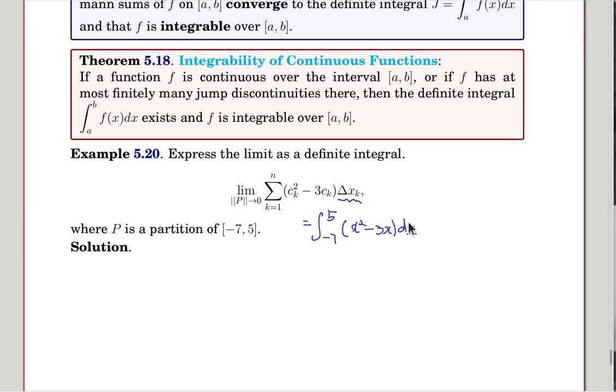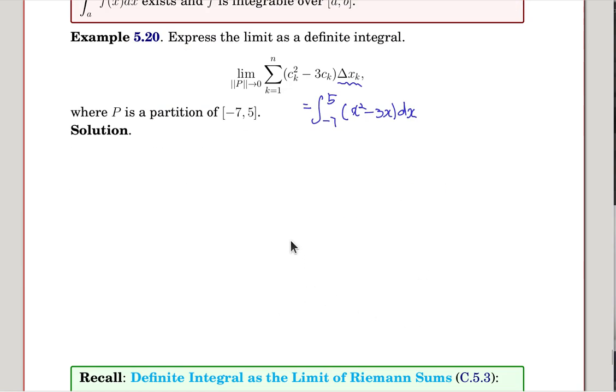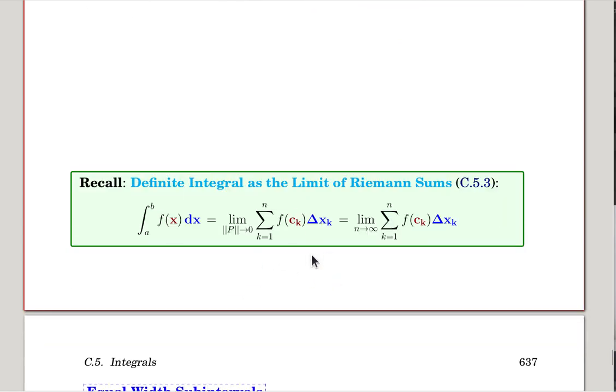Right? So that's the final answer. Quite easy, right? And we'll say again here in the limit of Riemann sum, the ck will become x in the integral form, and delta x becomes dx.